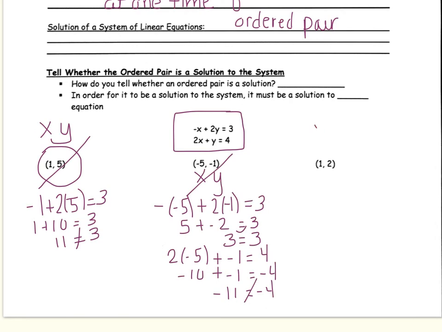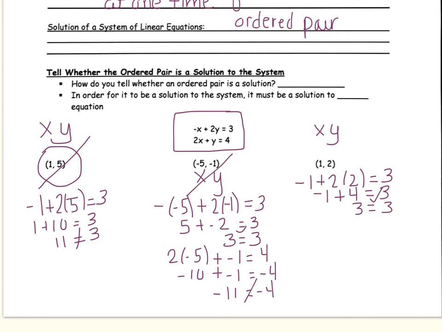Let's check our last one. The opposite of 1 plus 2 times 2. Does that equal 3? Does negative 1 plus 4 equal 3? Yes, 3 does equal 3. So we're off to a good start again.